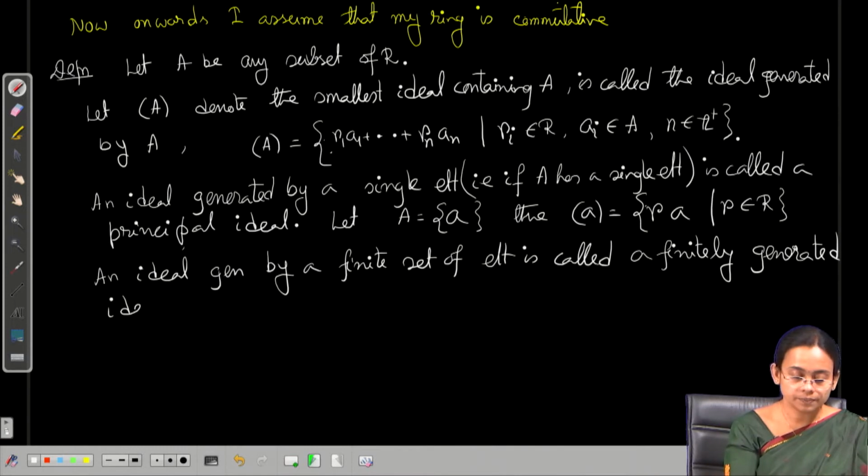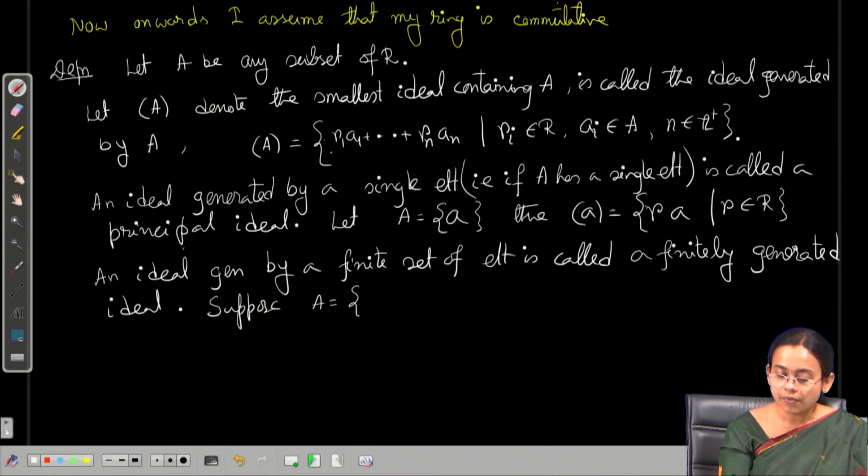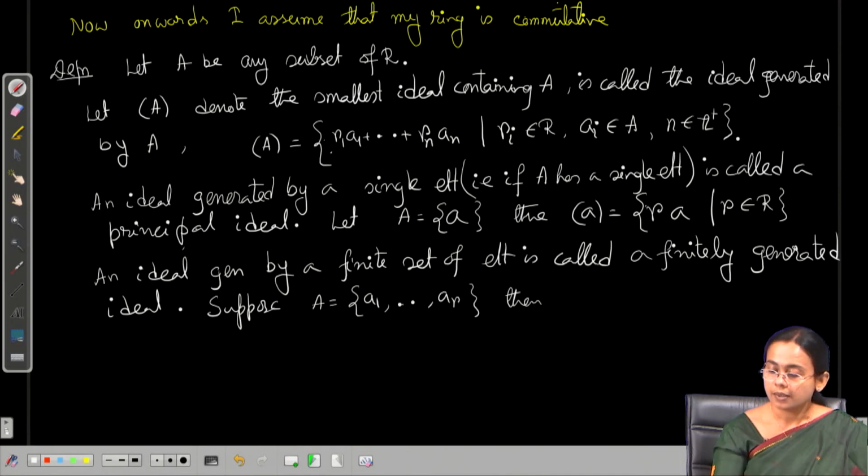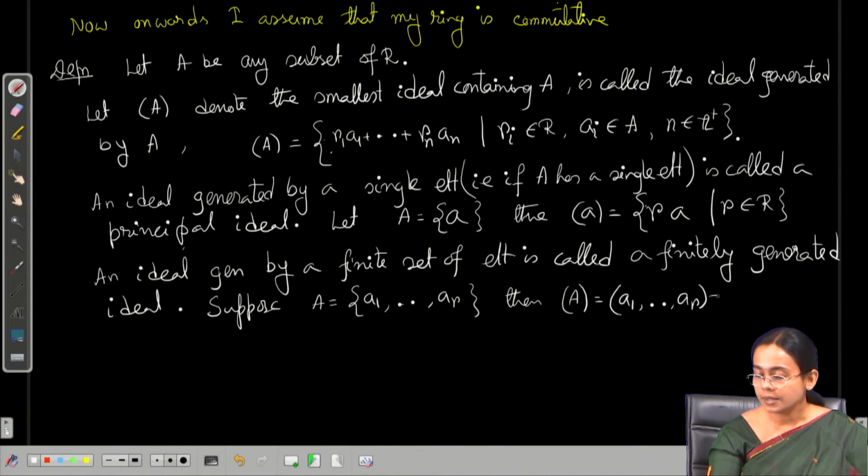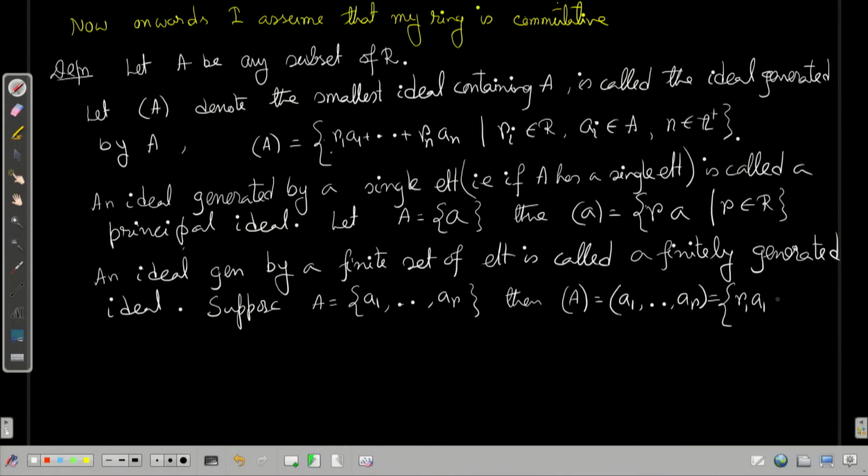That means, suppose in that case I have this set A has finitely many elements A 1 up to A r, then the ideal generated by A 1 up to A r is nothing but the collection of the elements of the form R 1 A 1 plus up to R n A n.